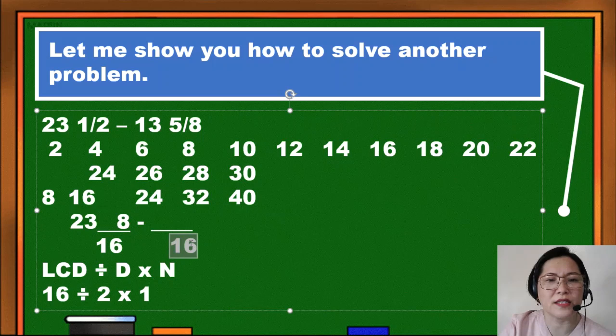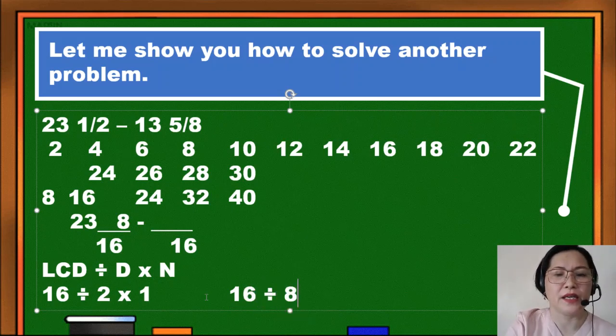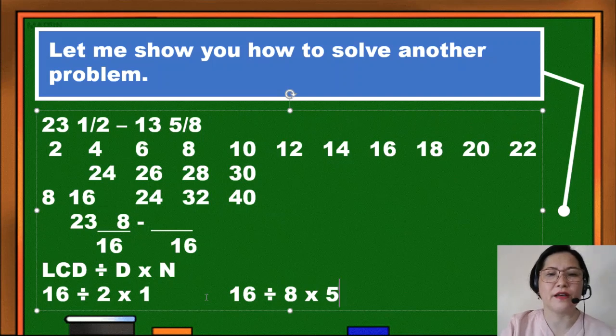That is 16 divided by 8 times 5. What is that? 16 divided by 8 is 2, times 5 is 10.